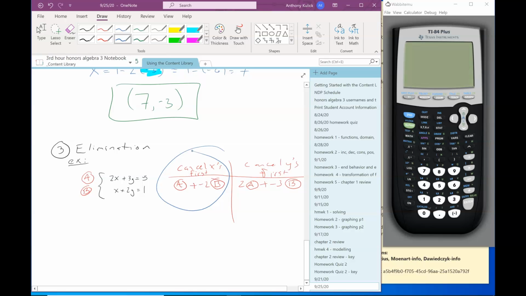Everybody okay there? So if I do that, there's my equation for A, and then -2 times B gives me this. Is everybody okay with that?